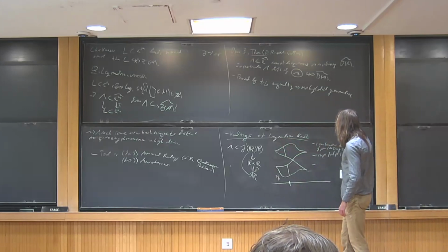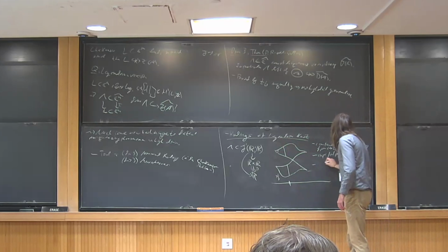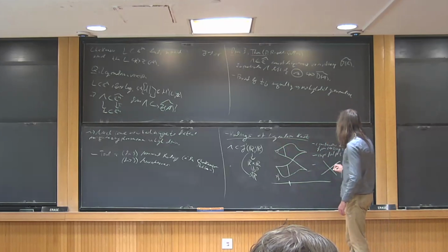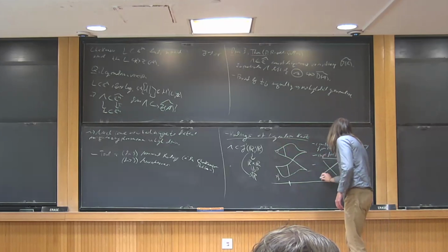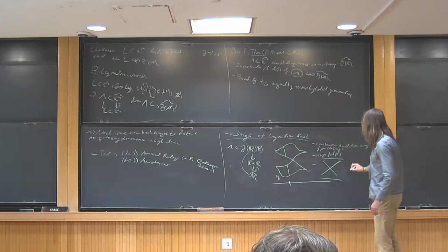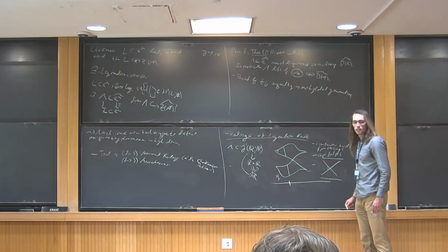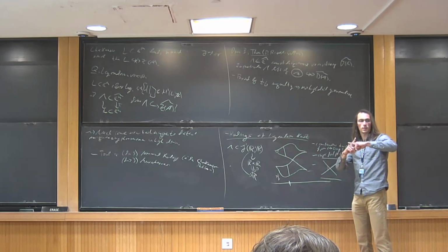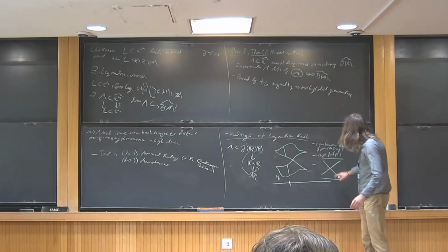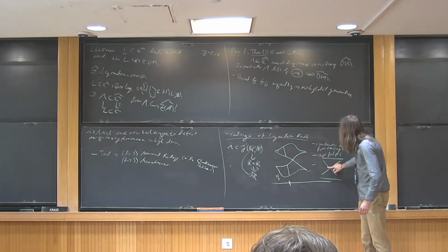Okay, now what can happen at crossings? If I have a crossing, the first thing, I never want to allow this. The two strands that come into a transverse crossing cannot be paired. That would be some kind of bad degeneration.